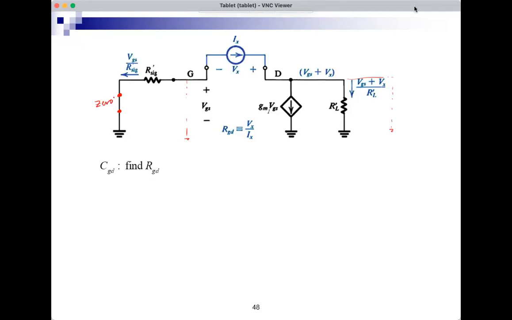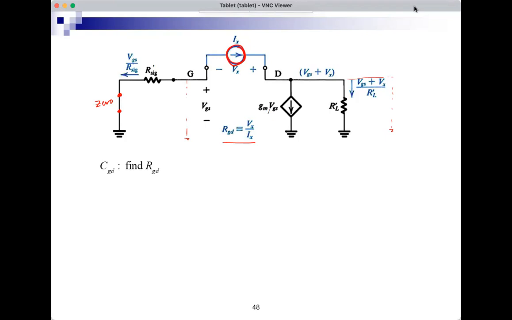So these are the OCTC conditions. And here's my test source, Vx Ix. And now I want to find Vx over Ix. This is not a simple, inspection type of resistance that I can see.